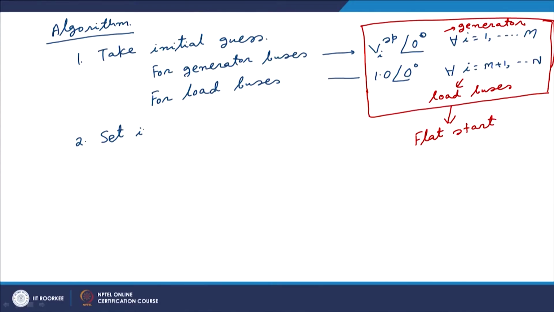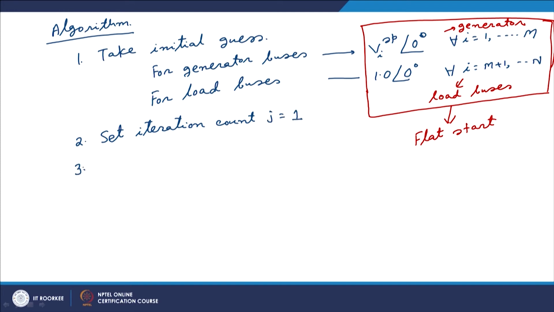So, after this, now we are ready. Then we set iteration count j is equal to 1.